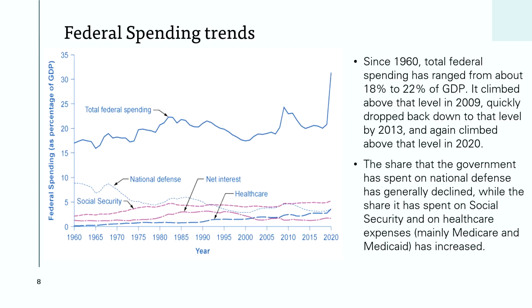Here, we look at how federal spending has changed over time. If we examine trends since 1960, we see that federal spending typically fluctuates between 18% and 22% of the GDP. During recessions or crises such as 2008 and 2020, total spending spikes as the government increases financial support for individuals and businesses.